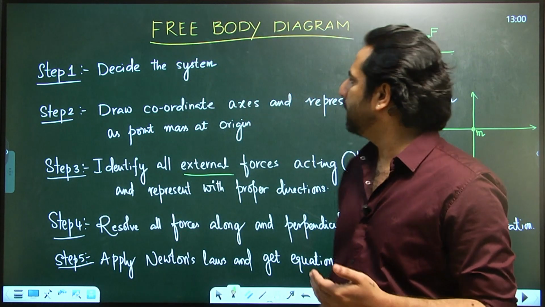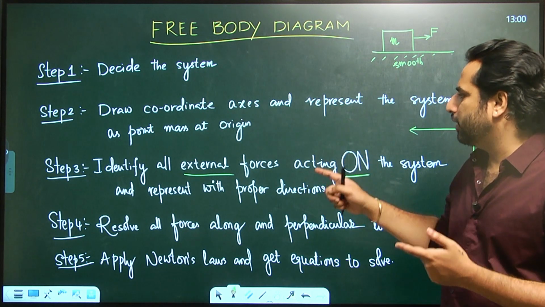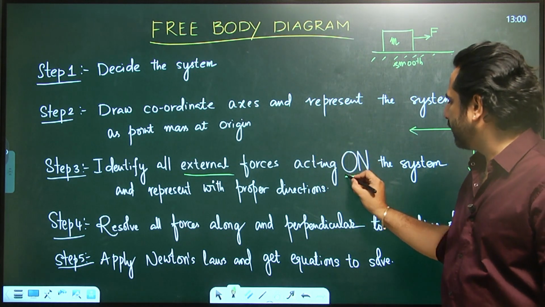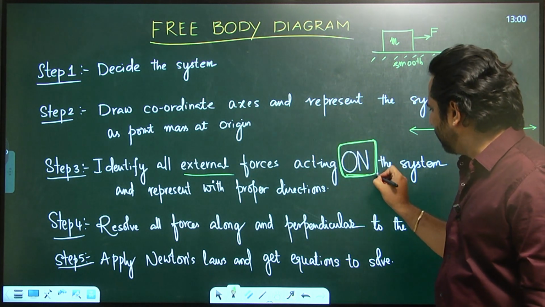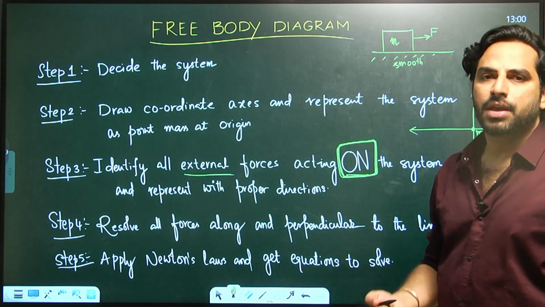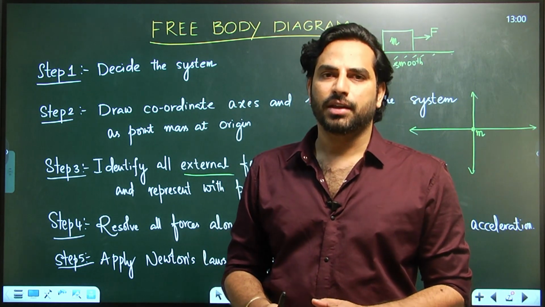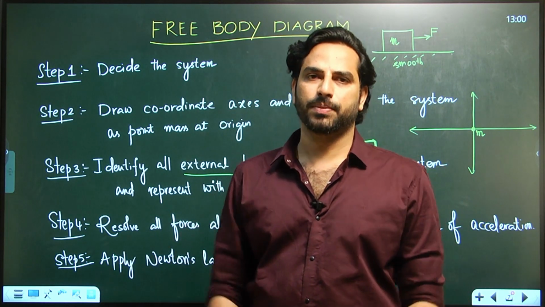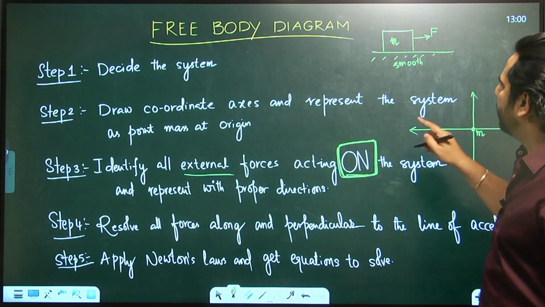We are only interested in the external forces acting on the system. On is the keyword. This is the place where most of the students will go wrong. In the free body diagram, they also try to represent the forces which are applied by the system. Then the entire analysis will go wrong. So on the system, just identify the forces.